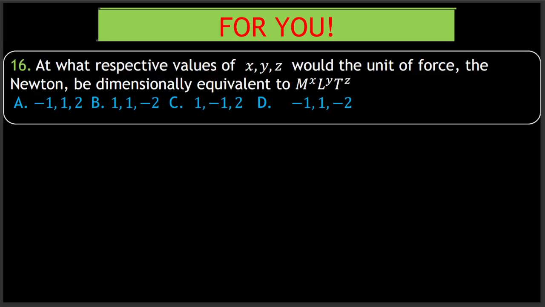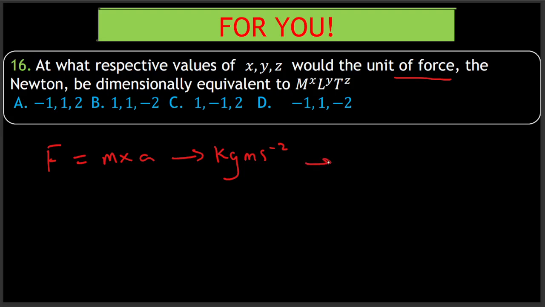Okay, question number 16. They are just asking us to find the dimension for force. So once you know the dimension for force, it becomes easier for you. Force is mass times acceleration, you remember? And the unit is kg meters per second squared, right?